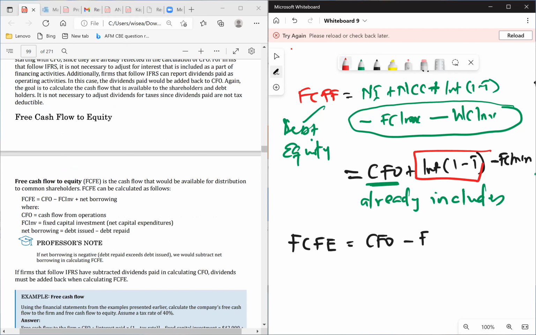We only take the cash flow from operations, and then the fixed capital investment needed to keep the company running, and then we look at the net borrowing. Is that okay? Any challenge that anybody has faced with the free cash flow when you are solving questions?